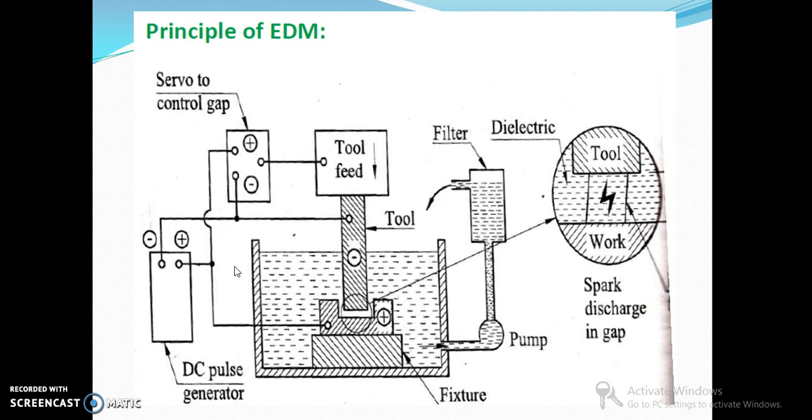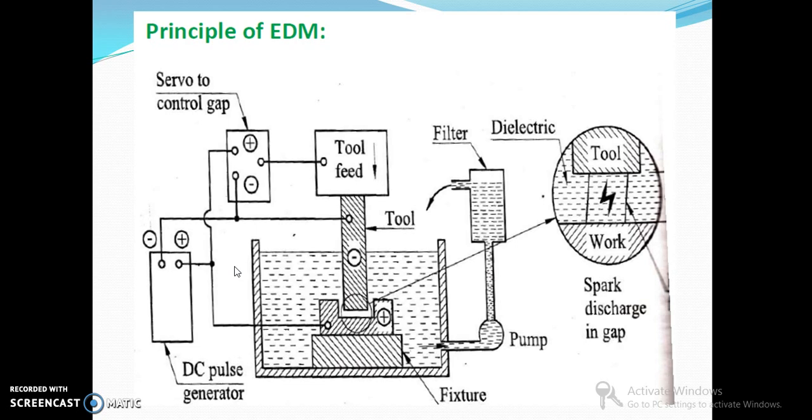Now we will discuss the working of the electrical discharge machining process. In this process, high voltage is applied between the terminals and it induces an electrical field in the spark gap. Free electrons on the tool are subjected to electrostatic force, and hence they are emitted from the tool and accelerate towards the work. There is a collision between the electrons and molecules in the dielectric.